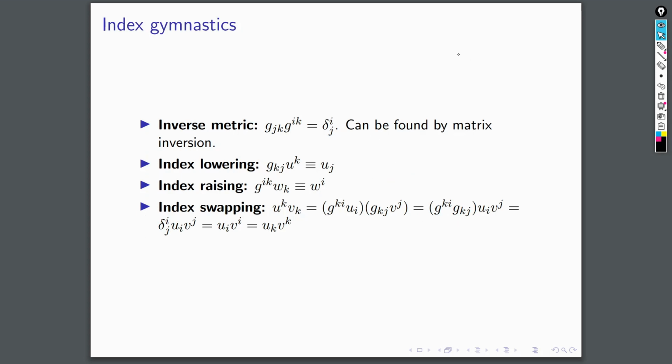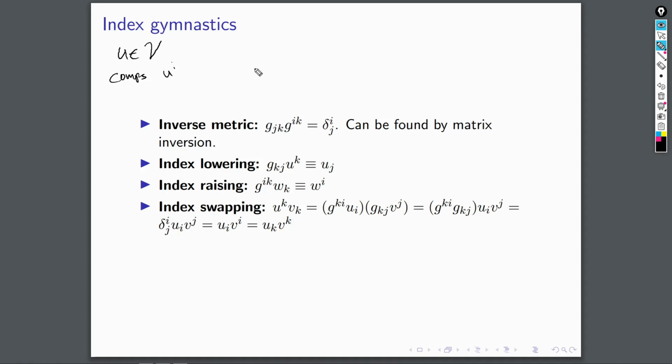So cool things you can do with the metric tensor: you can do this stuff called index gymnastics. If I have a U in our original vector space, then U has components U^i, upper indices.